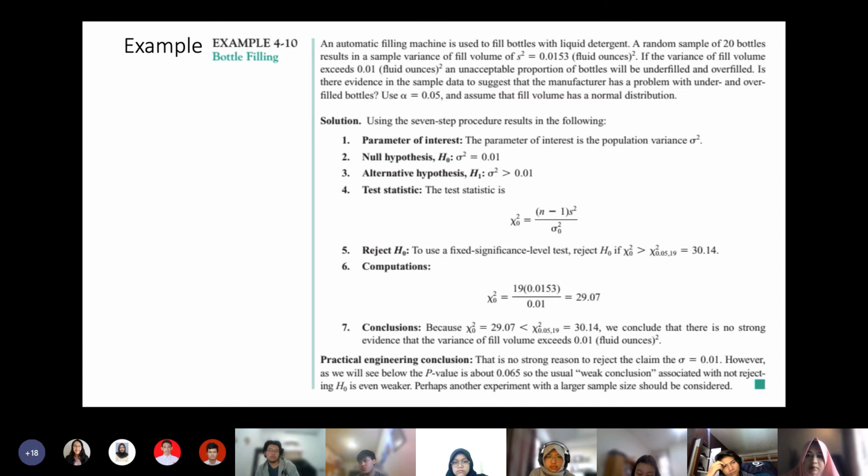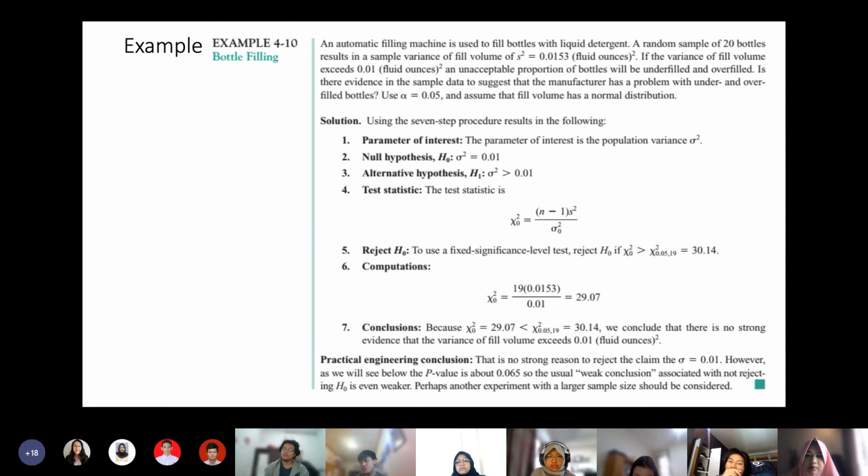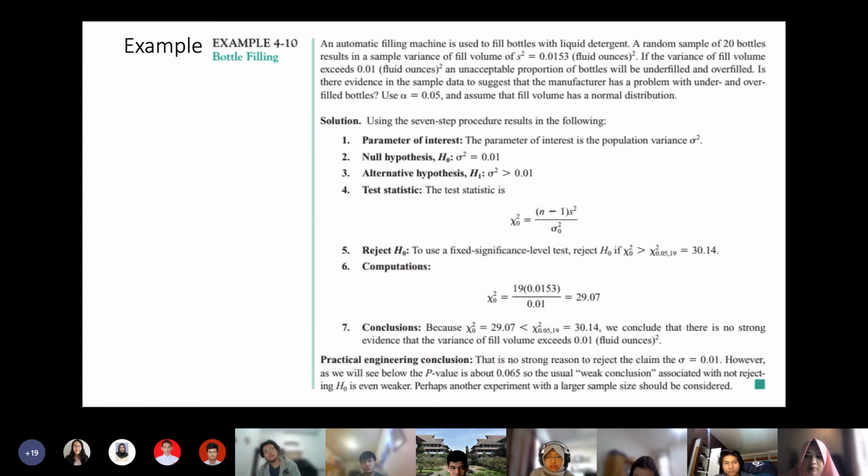The critical value to reject or accept the null hypothesis can be determined by finding the value of chi-square at 0.05 with 19 degrees of freedom. We find that the chi-square value is 30.14. The calculated chi-square is 29.07.